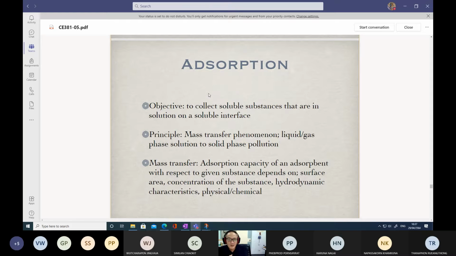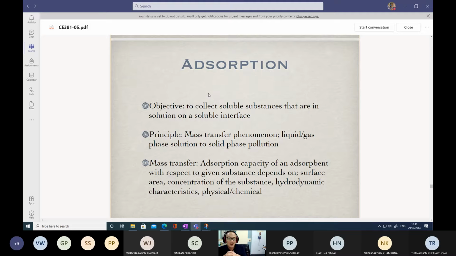So these adsorptions are aimed to collect or remove fine particles or even soluble substances that can exist in water. So we try to remove all these contaminants by using what we normally call an adsorbent.